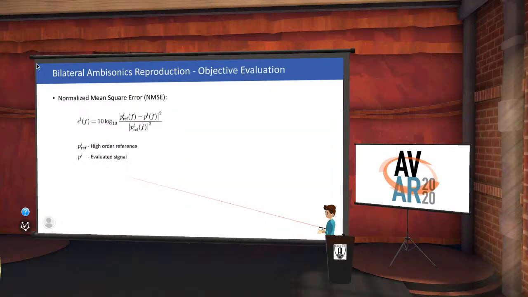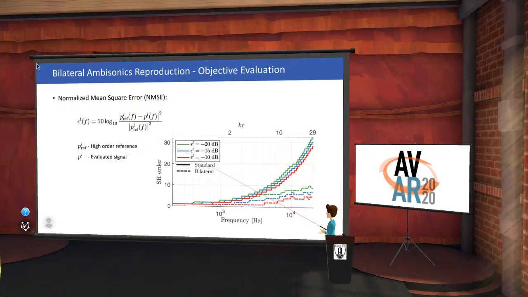To show the performance of this method, we did an objective analysis by looking at the normalized mean square error, so the error between a reference signal and the evaluated signal. What we see here is the required order to get a certain normalized mean square error of minus 20 dB in green, minus 15 dB in blue, and minus 10 dB in red, as a function of frequency.